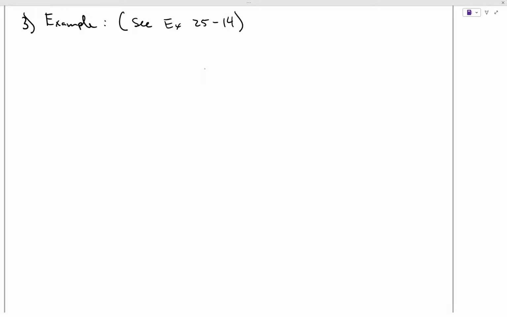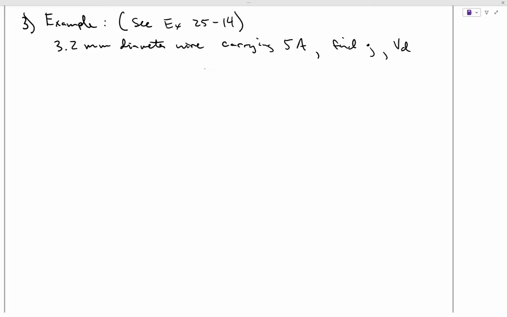The example is: imagine a 3.2 millimeter diameter wire that's carrying 5 amps of current, and we want to find the current density and the drift velocity.